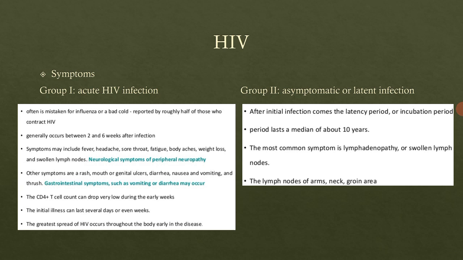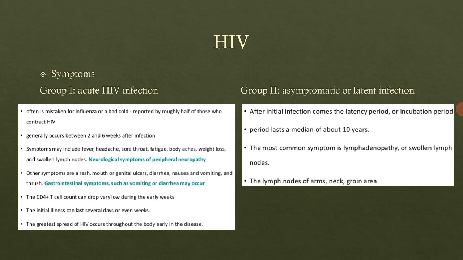Now the other symptoms such as rashes, mouth or genital ulcers, diarrhea, nausea and vomiting can also be seen in the HIV infection. Also there can be gastrointestinal infection, vomiting, diarrhea, right? So neurological and gastrointestinal symptoms can also be observed.